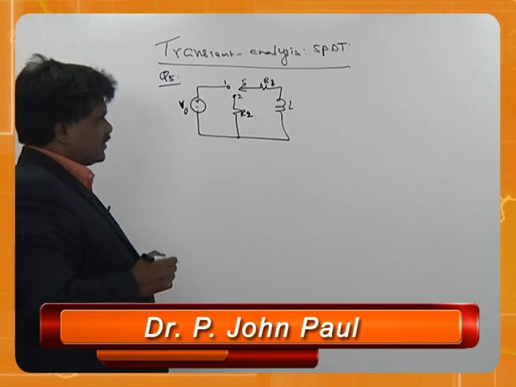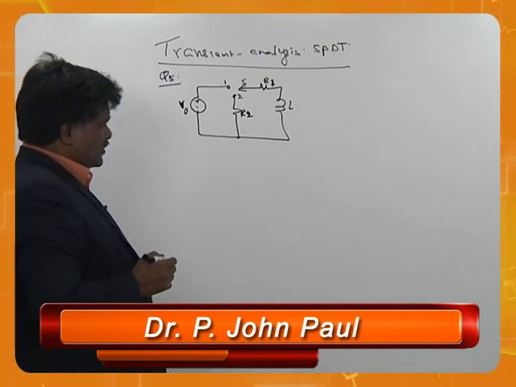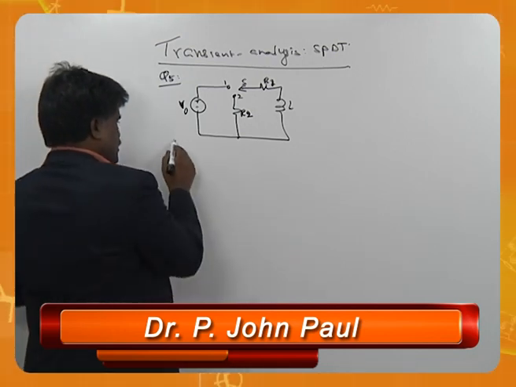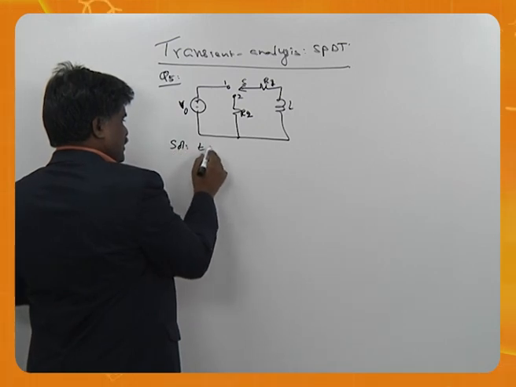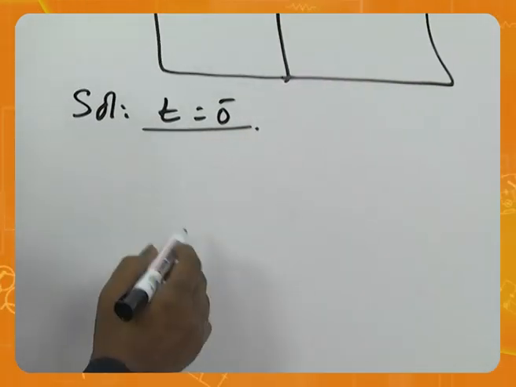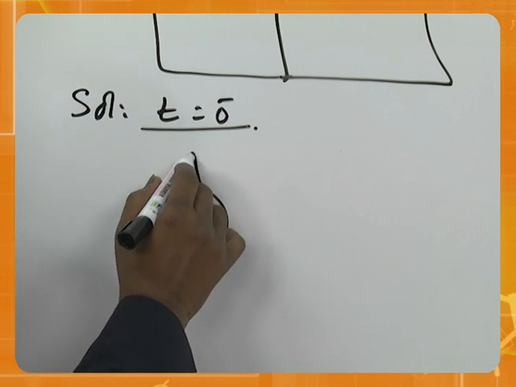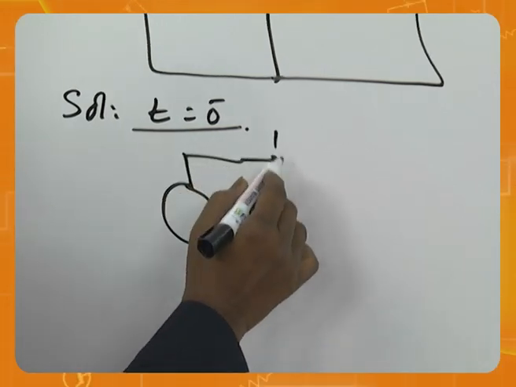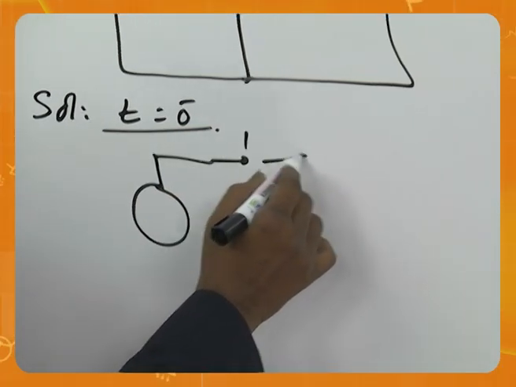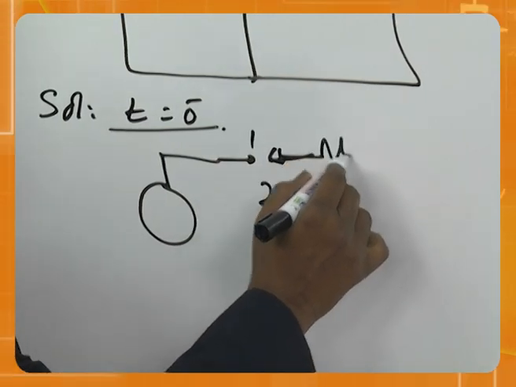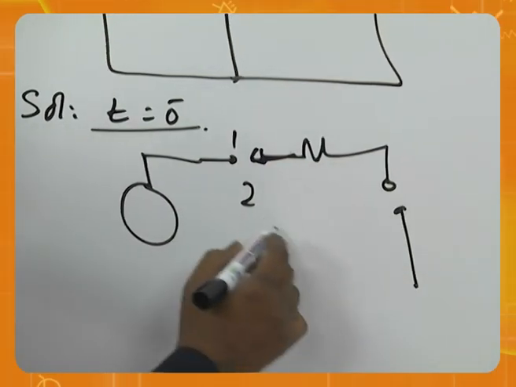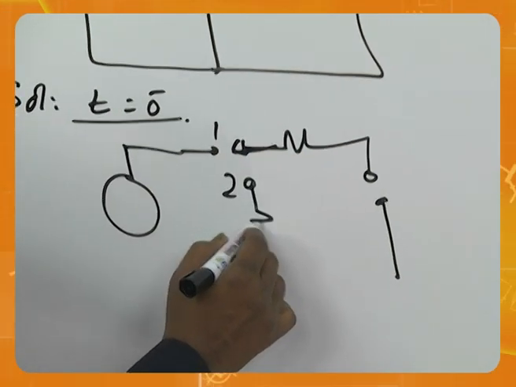Now what happens here? Slowly observe and write whatever he says. Solution: at t equals 0 minus, where is the switch? You should be very careful and very cautious about what he says.